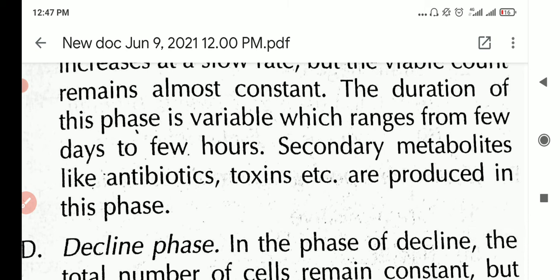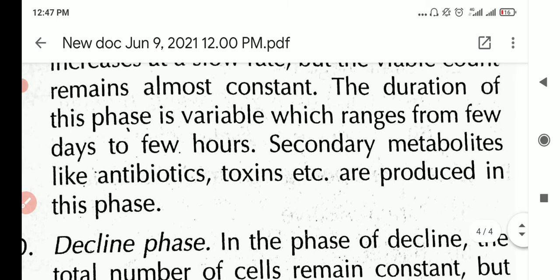Somehow the population will remain constant, as I told you, at 16. There will be toxins produced during this stage.